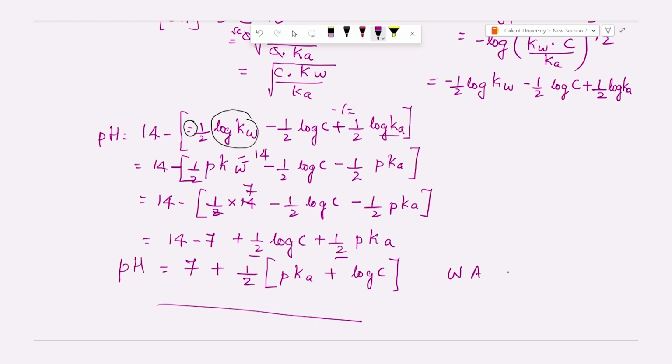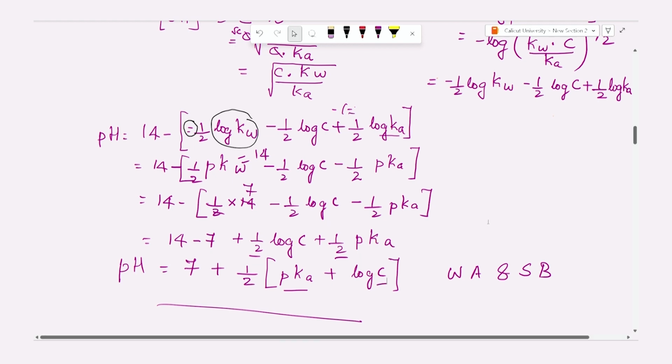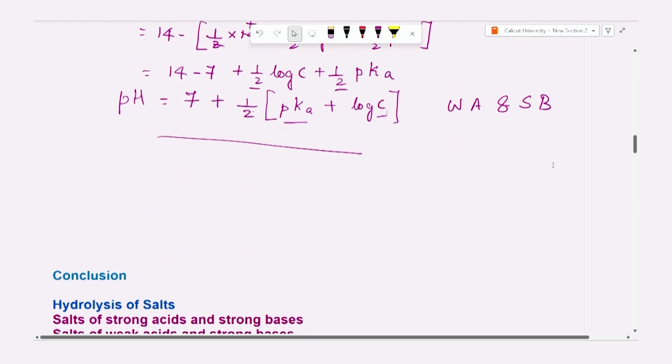And this pH value depends upon the dissociation constant of the acid as well as C, that is the concentration of the salt. With this we conclude.